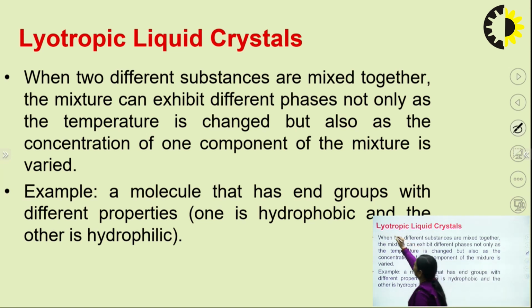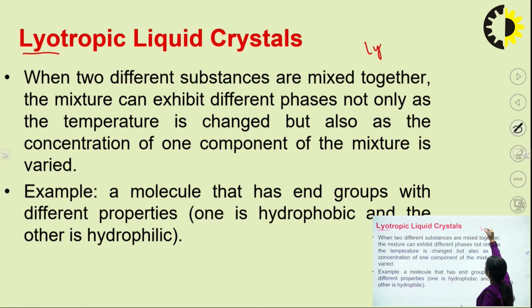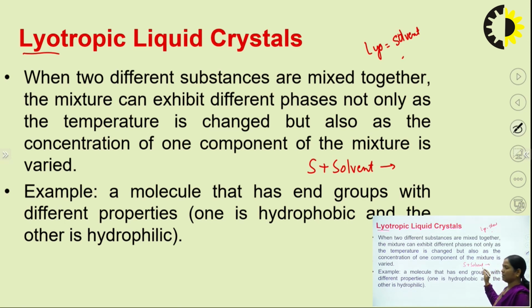Here the name suggests lyo means solvent. These liquid crystals are formed by mixing solvent with the solute particle. So when we mix a solid into some solvent and the concentration of solvent is such that it forms liquid crystal rather than liquid, by the intervention of solvent, then it is known as lyotropic liquid crystal.